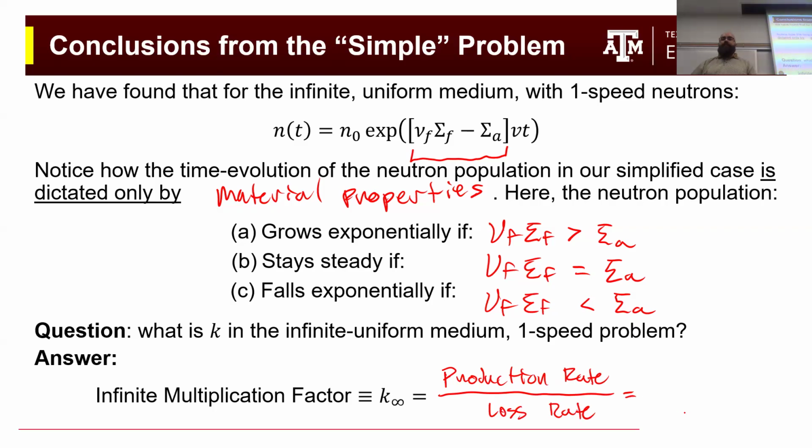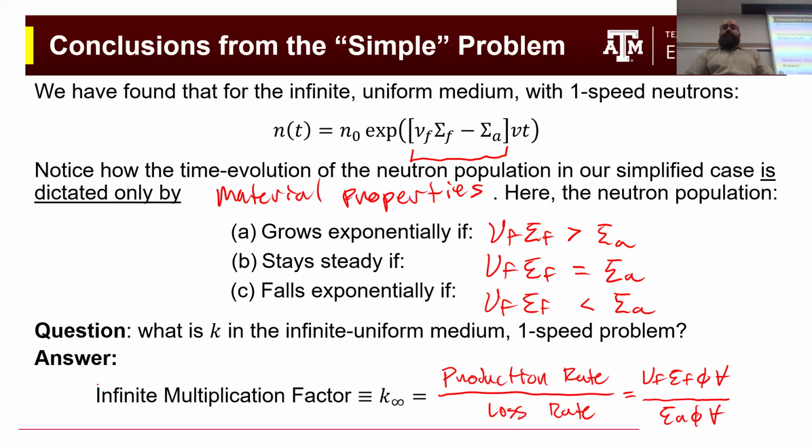For any configuration, you can think about the multiplication factor as just the ratio of production to losses. And in this case, I only have one way that I can produce neutrons, which is by fission. So my production rate was that nu F sigma F times the flux times the volume. And my loss rate was just sigma A times the flux times the volume.